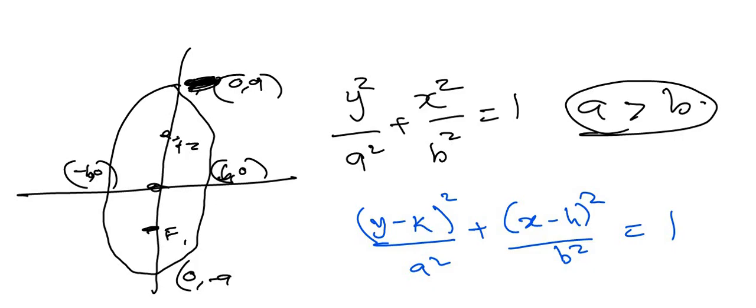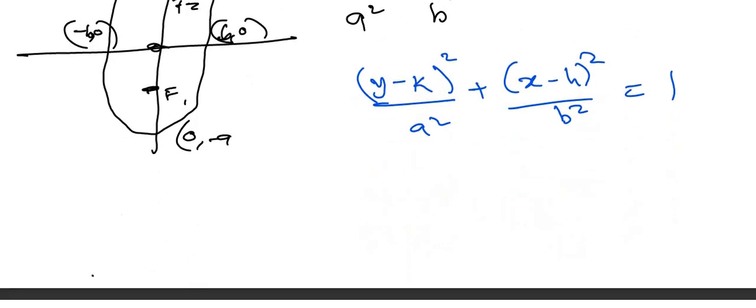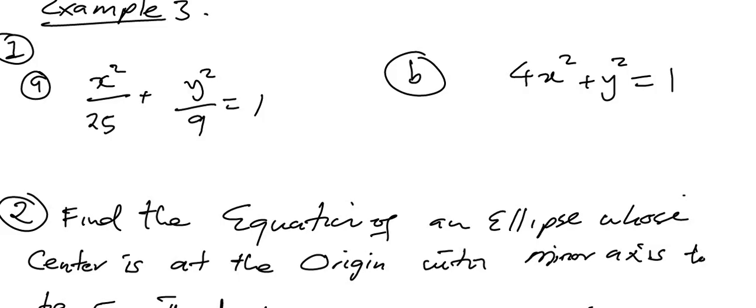The one you call a is the bigger one. When you look at your numbers, look at this one here: the one that is going to be a is 5, because 25 is bigger than 9. This is like 5 squared and 3 squared. So the bigger one is the one you call a all the time. It doesn't matter whether it's under x or under y.